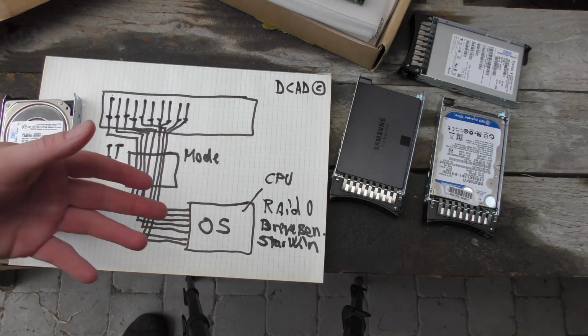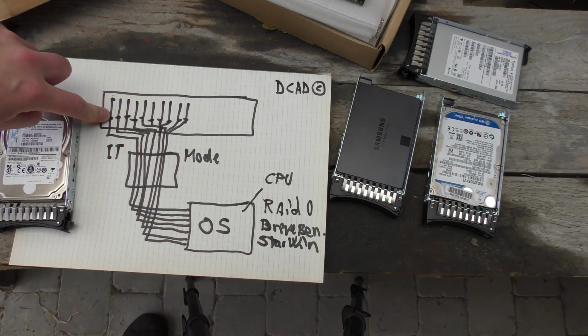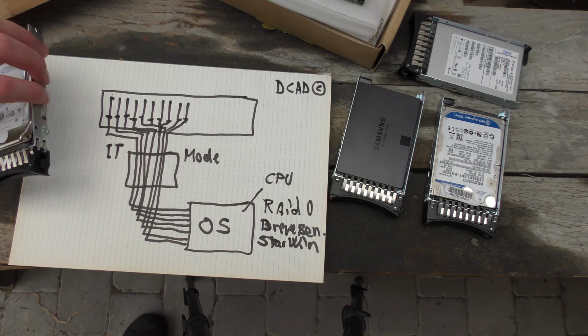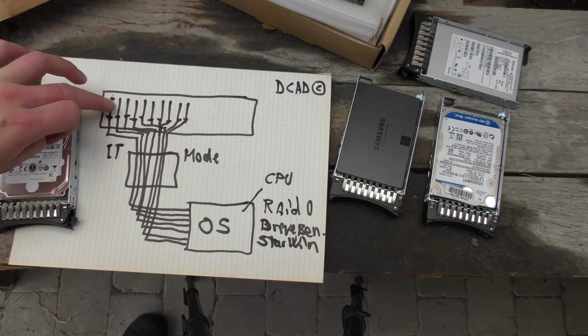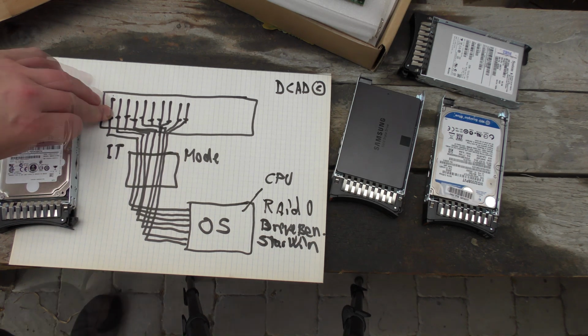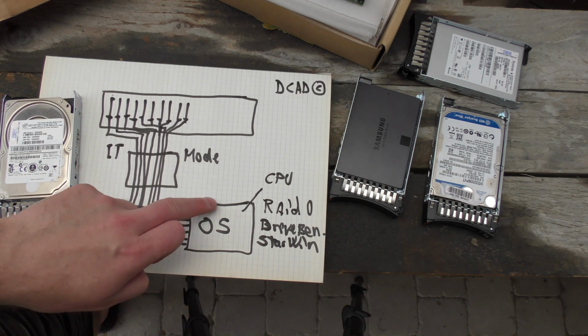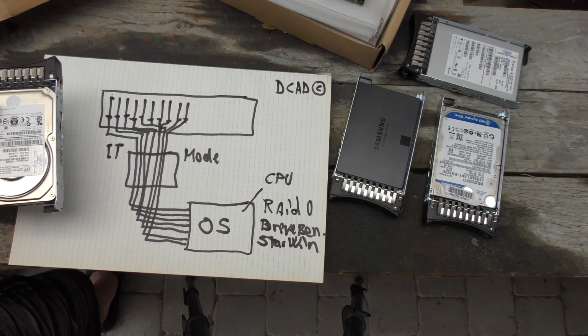It usually does not work like that. If a drive fails here, you have to take out the drive and put in a new drive. The RAID controller will still tell you that the drive has failed, but when you pop in a new drive, you have to go in and tell the operating system that this is the new drive that it's going to replace, and so on.